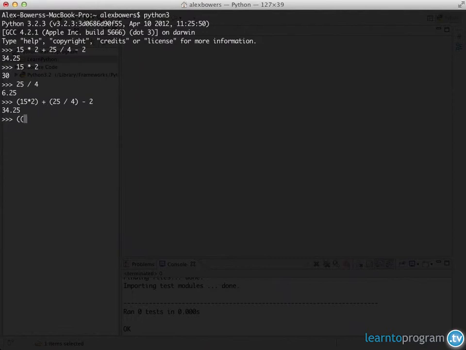So you could have 15 times by 2 plus, and then we'll do 25 divided by 4 minus 2. That would give you the exact same answer, and it might make things a bit easier for you to understand as well with having that bracket.